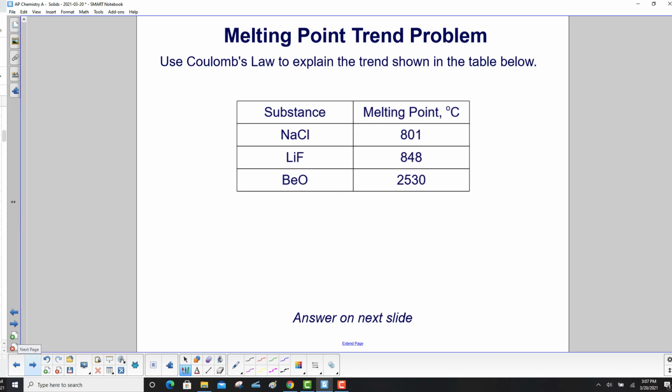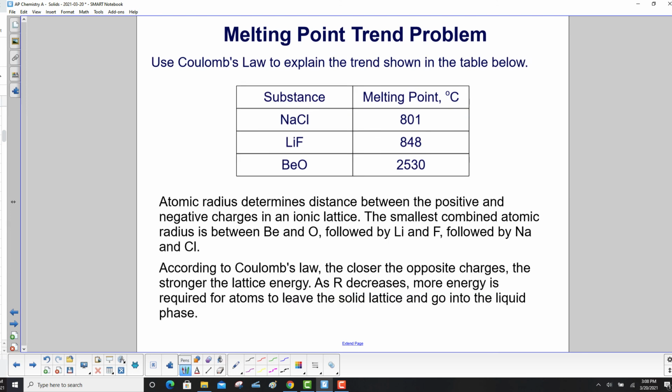Use Coulomb's law to explain the melting point trend in the table below: sodium chloride, lithium fluoride, and beryllium oxide. Atomic radius determines the distance between the positive and negative charges in an ionic lattice. The smallest combined atomic radius is between beryllium and oxygen, followed by lithium and fluorine, followed by sodium and chlorine.